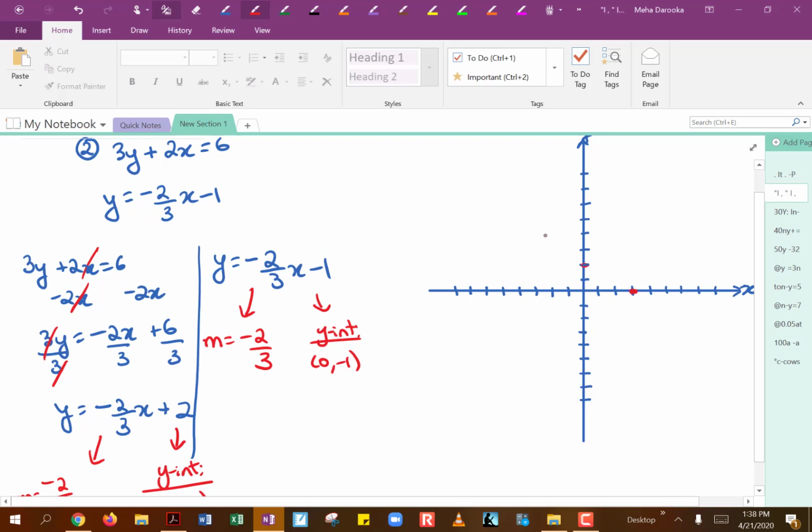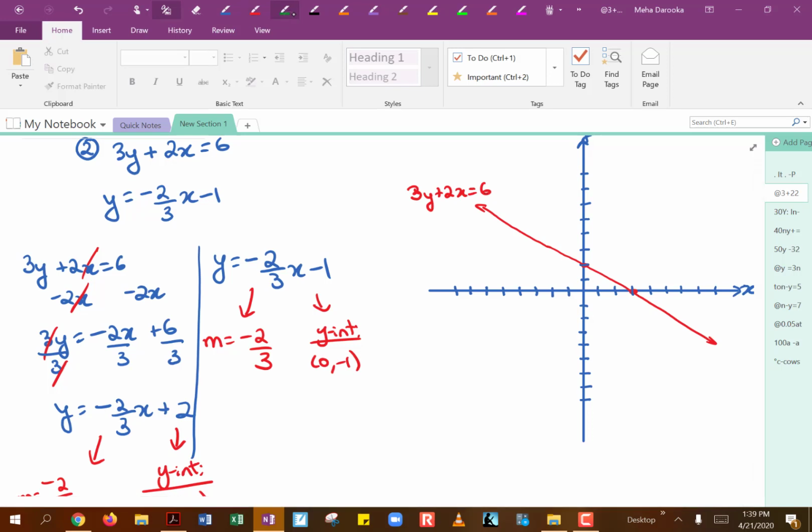So using these 2 points, okay, there we go. Something like that. This is the first line, so this is 3y plus 2x equals 6.